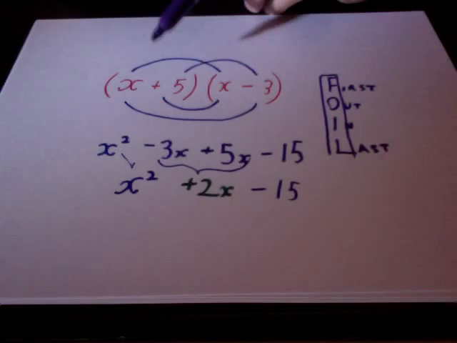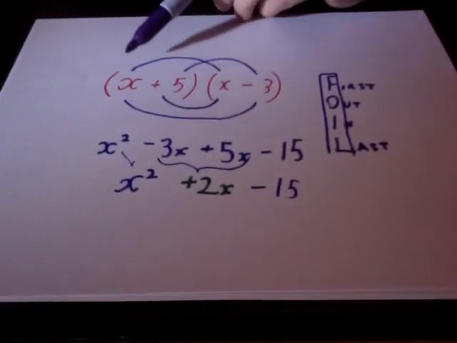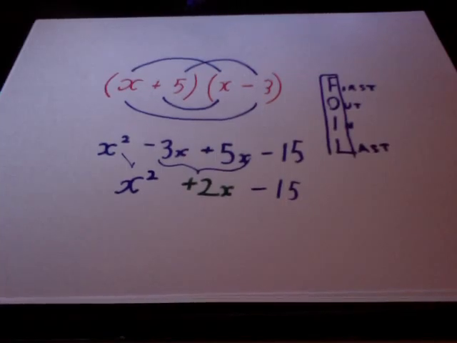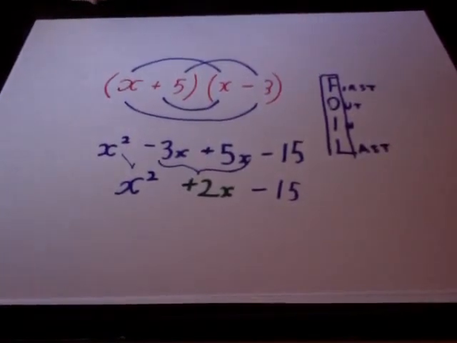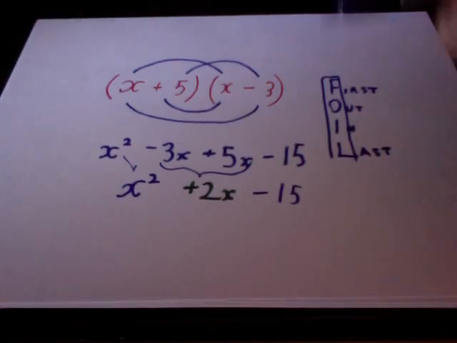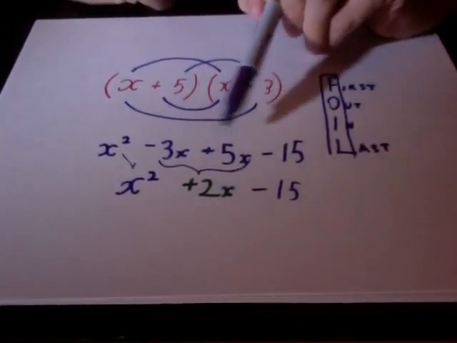By the way, notice again that the first pair, outside, inside, and the last pair gives us that smiley face that other people may have spoken to you about in the past. Okay, so bearing this in mind, notice that the positive 2x comes from two different places.